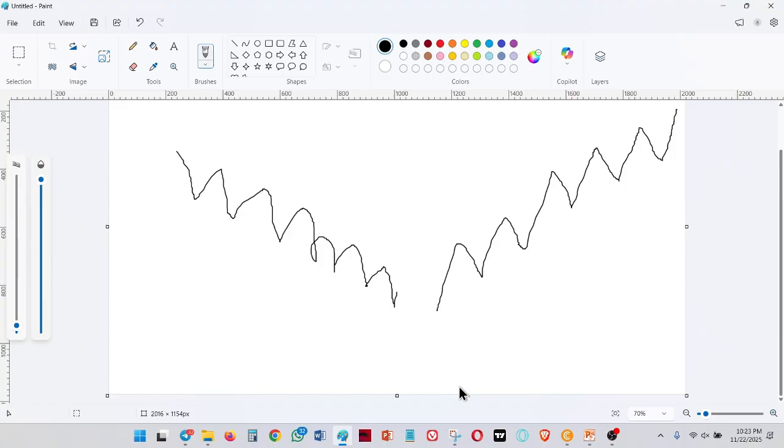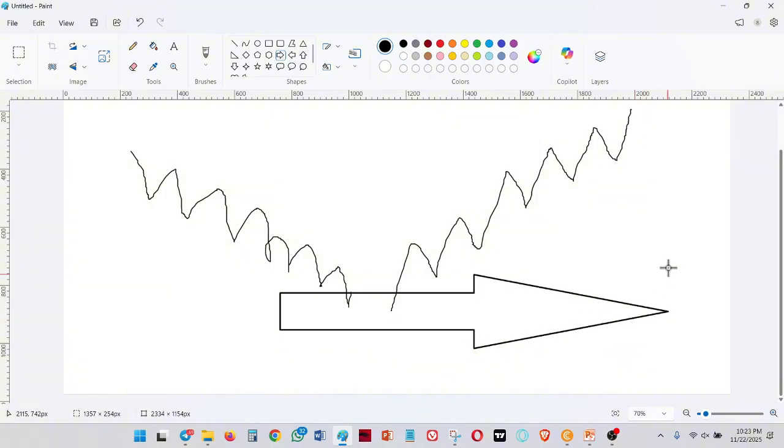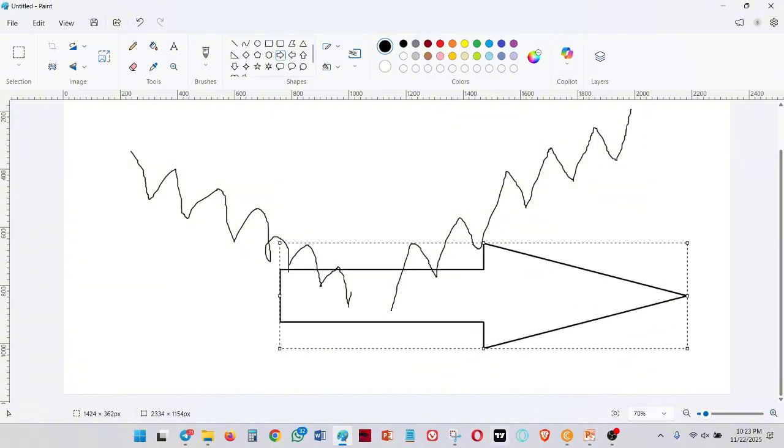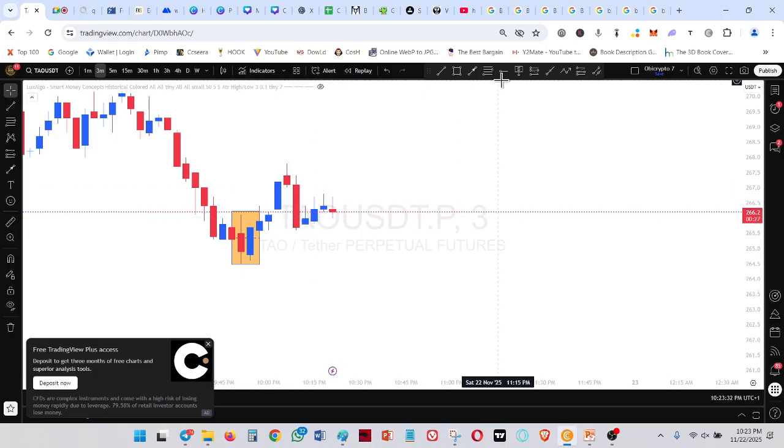Now, one thing that all of you should be paying attention to is, what do we consider? What we should consider is the fact that price is moving from left to right.